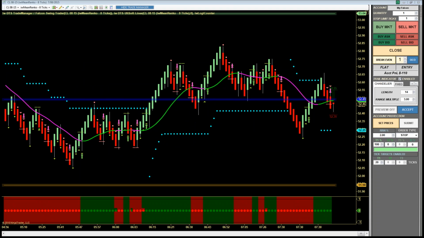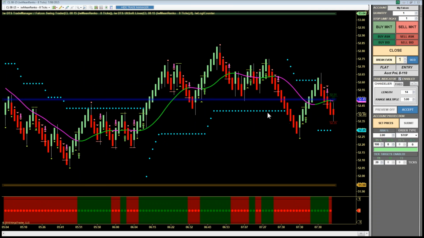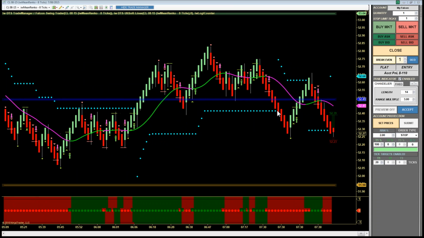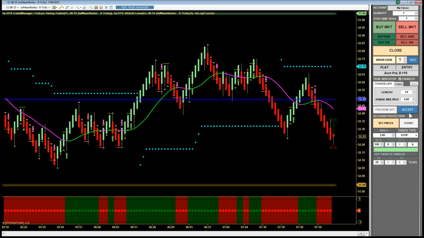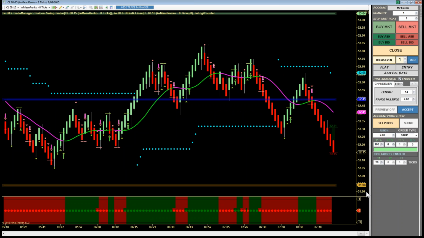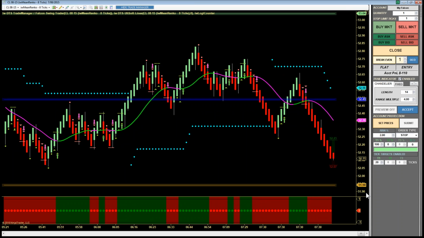Oh, what happened there? Oh, I see. Yeah, so the chandelier was a little bit too snug for that. Darn. I should have wound my chandelier back a little bit more still.